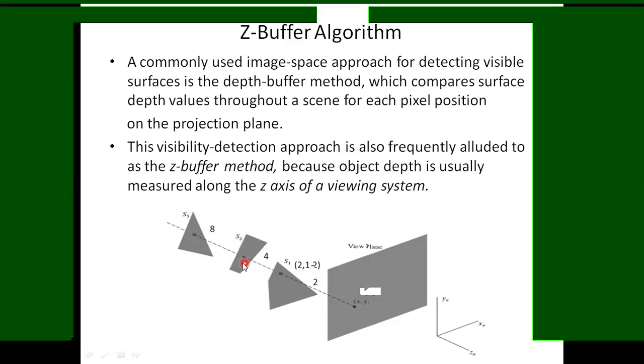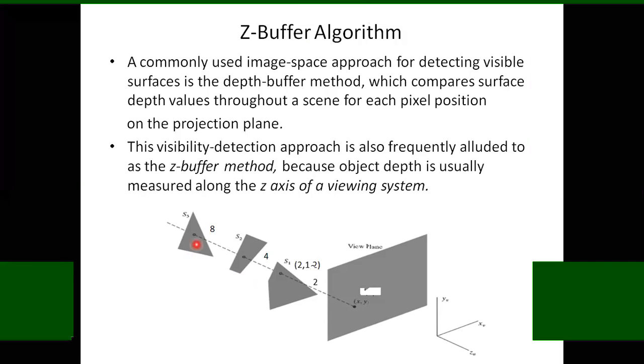Obviously, it is 2, 4, 8, so the less z value is 2. That means this particular face is on the top, this is first, this is on the front. Behind this plane, I have this plane, and behind this plane, I have this plane.